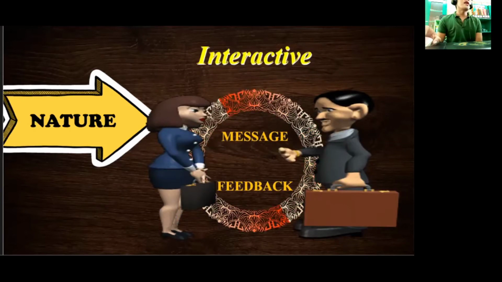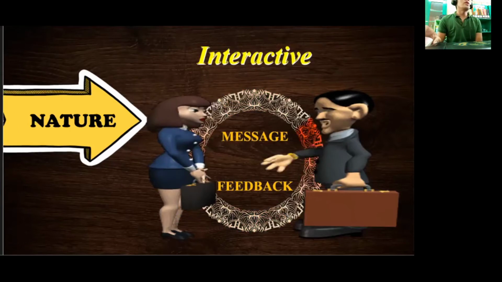As you can see there at the center, there is a circle that keeps on cycling. That represents the interaction of these two characters that you see on your screen. And remember, it can only be interactive if there is a continuous response between the speaker and the receiver.